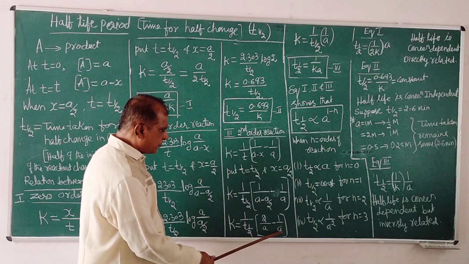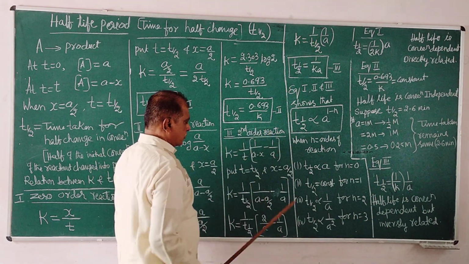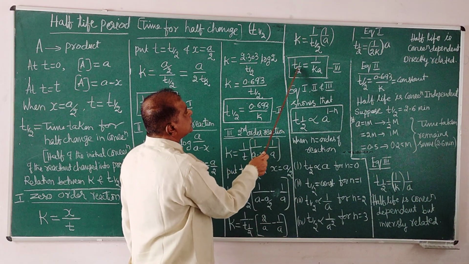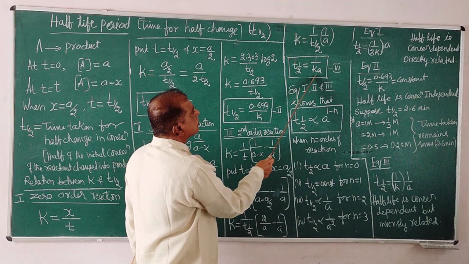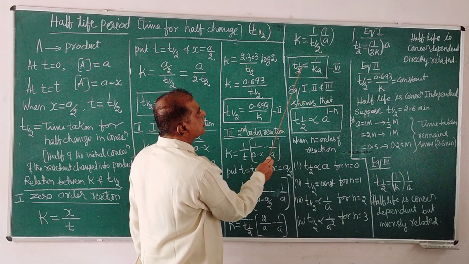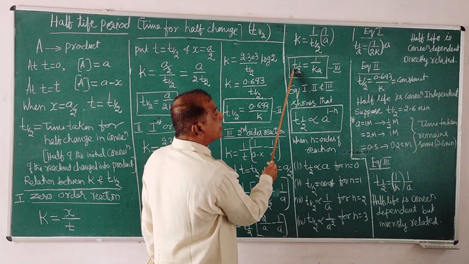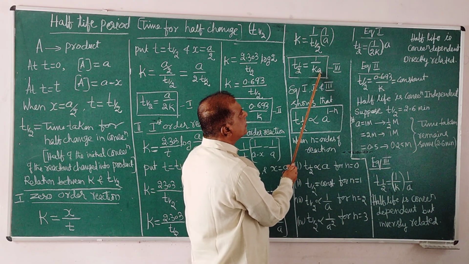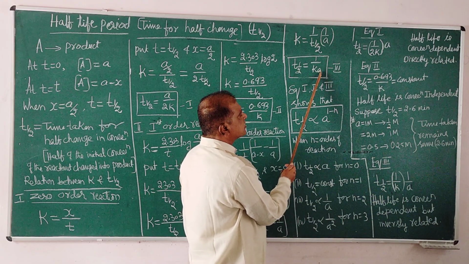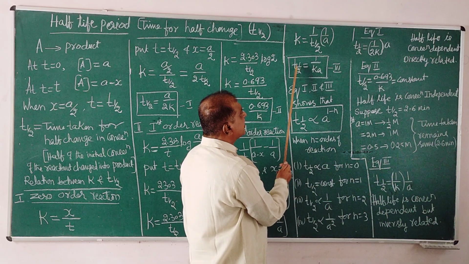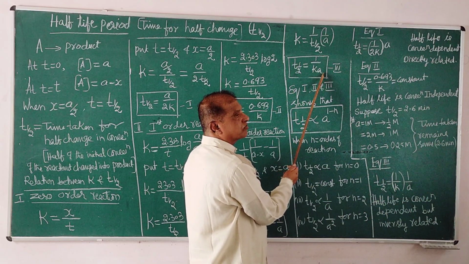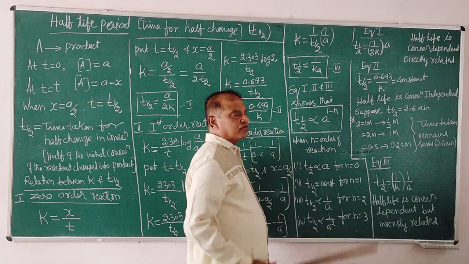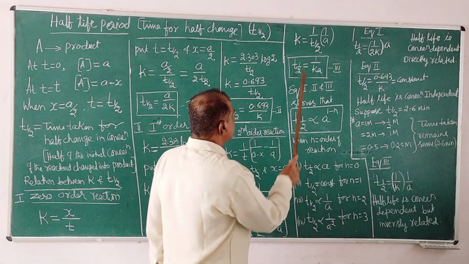Simplify, you get 2 minus 1, 1 by a. So t half is equal to 1 by ka. Look carefully at this equation. This is the half-life of second order. It is a function of initial concentration, but inversely related. Look at the differences. These are the differences.